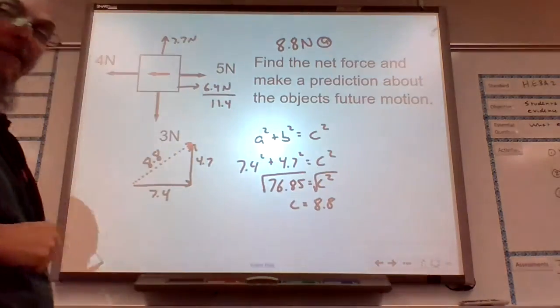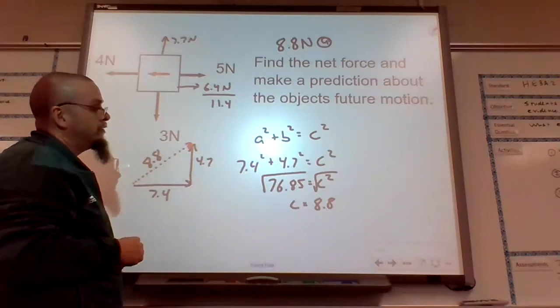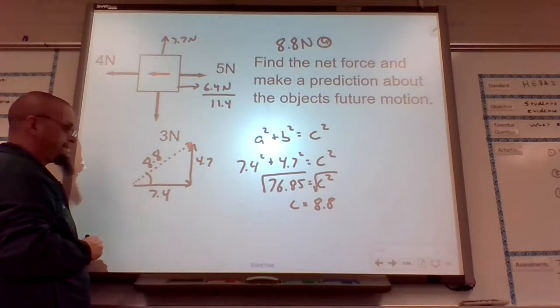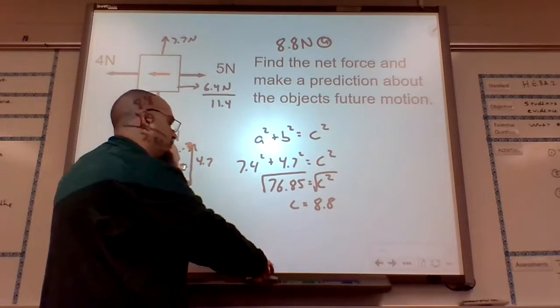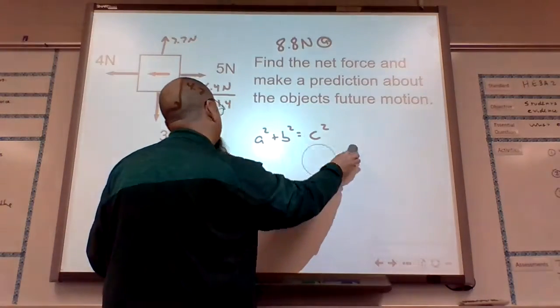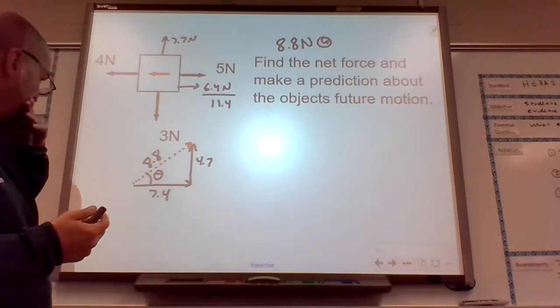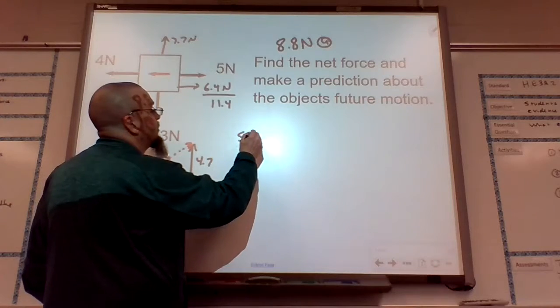I still need to figure out the angle part. To do the angle part, now I'm going to find that angle there. Just label it theta. And I can use sine, cosine, or tangent. Doesn't matter what trig function I use. I always go with sine because it's the first one. It's the easiest one to recall.